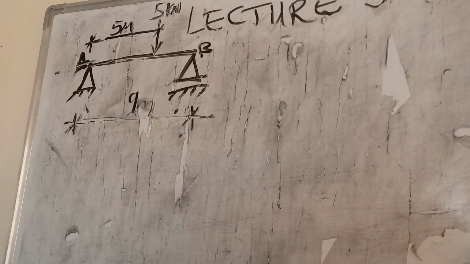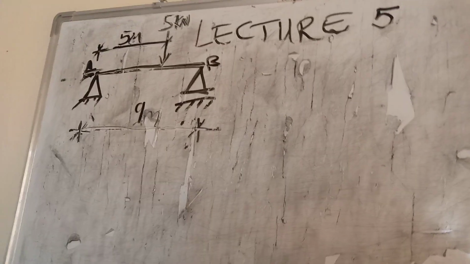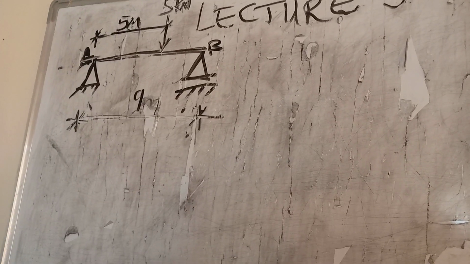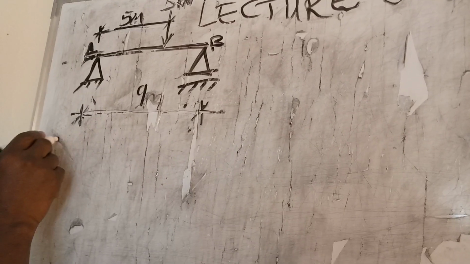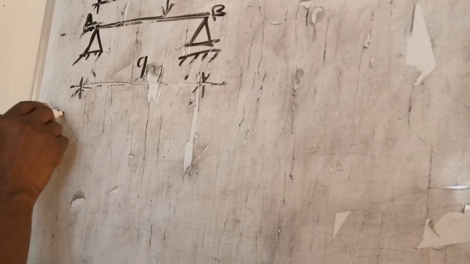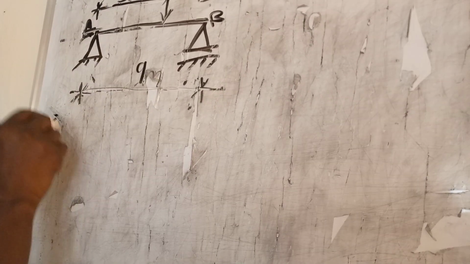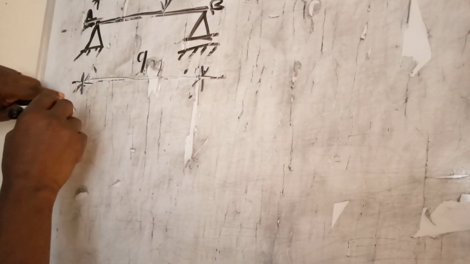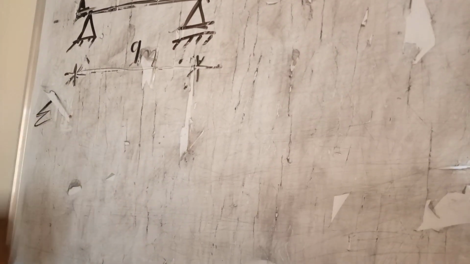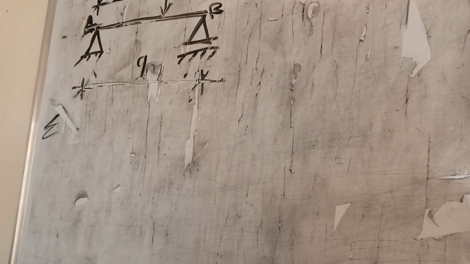Now, to take this bending moment, we can start. Let's get reaction A. To get reaction A, I should take moment about support B. Total moment about support B is equal to 0.